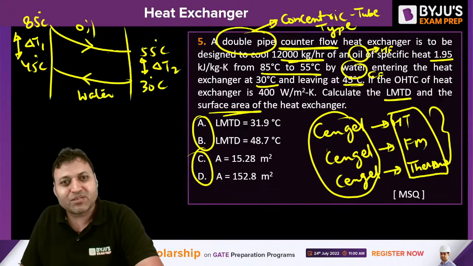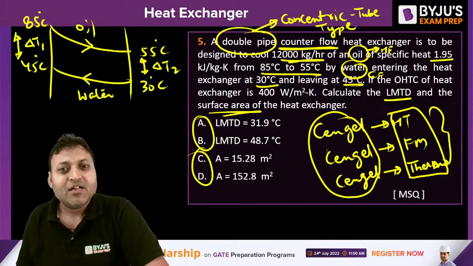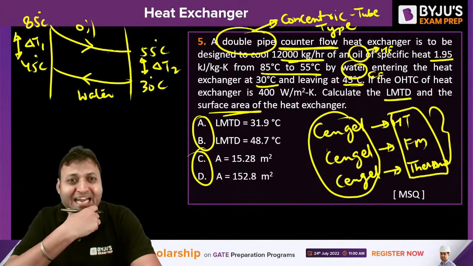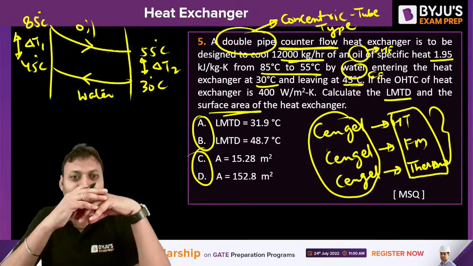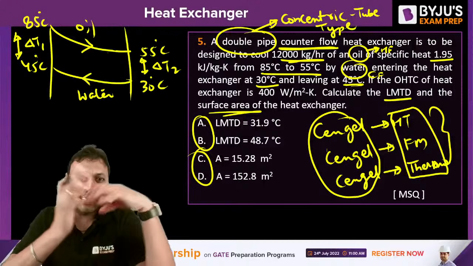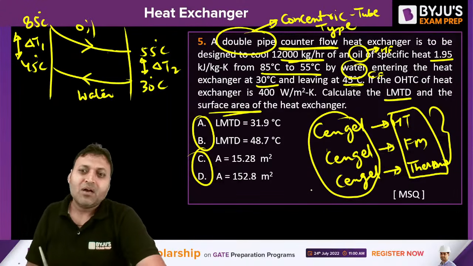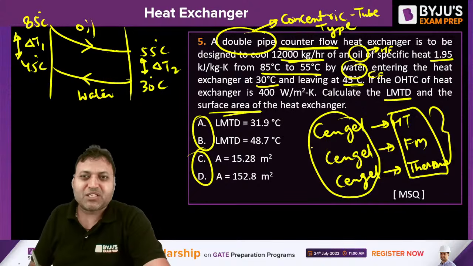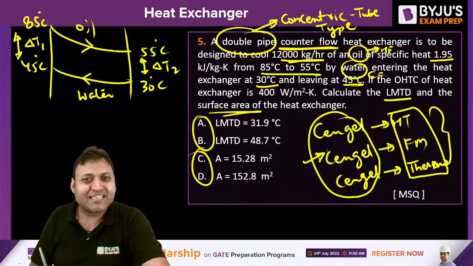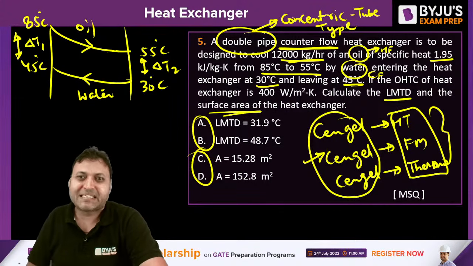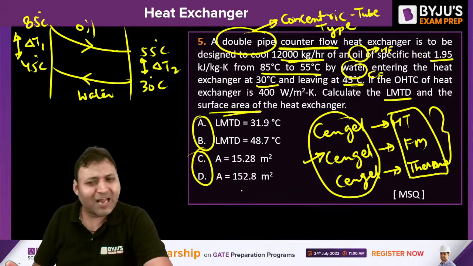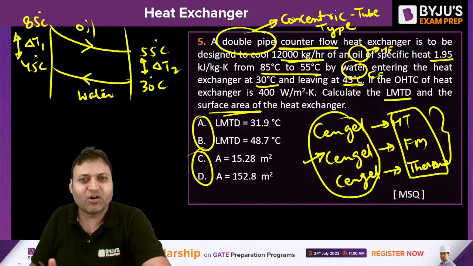Because many times GATE asks questions from multiple subjects. A single question involves the concepts of multiple subjects. That is why, if it is possible, refer to Cengel. It is well written, simple language, and very well explained. But if you like R.K. Rajput, then also it is not a problem.